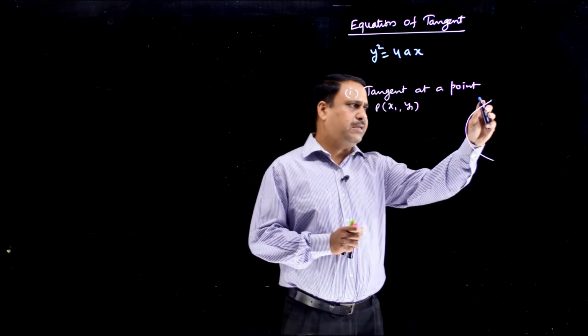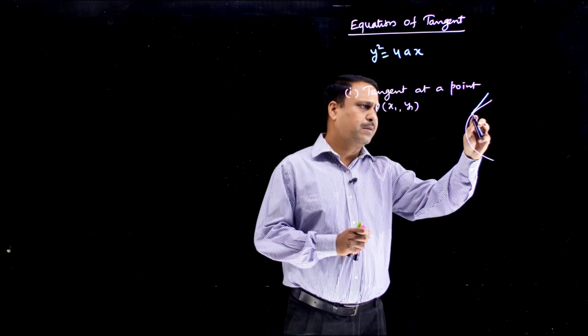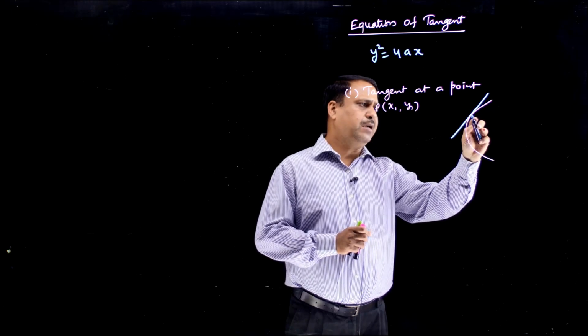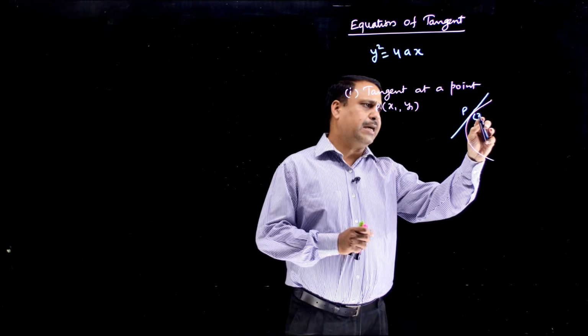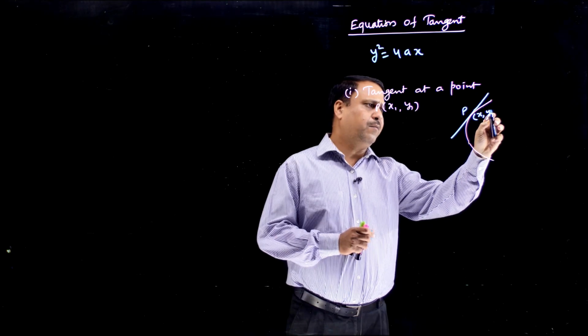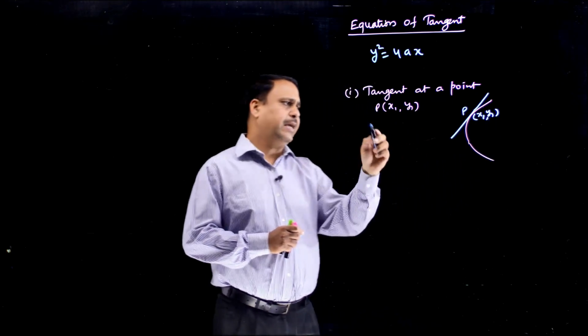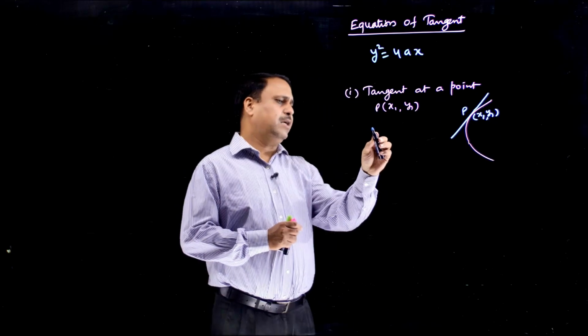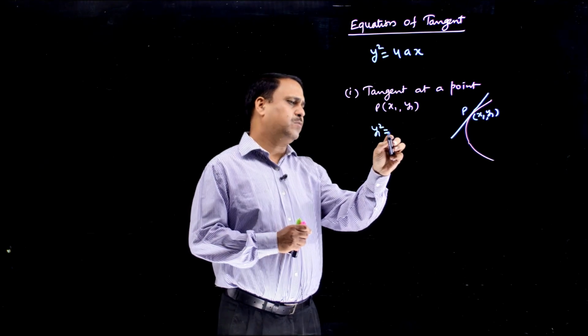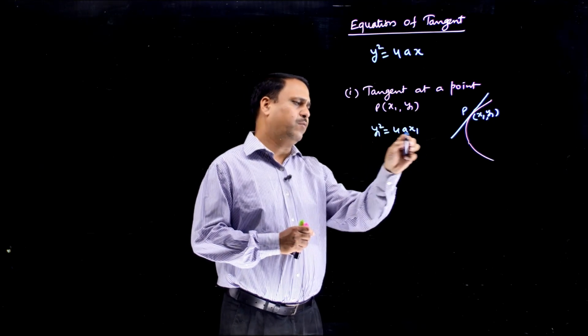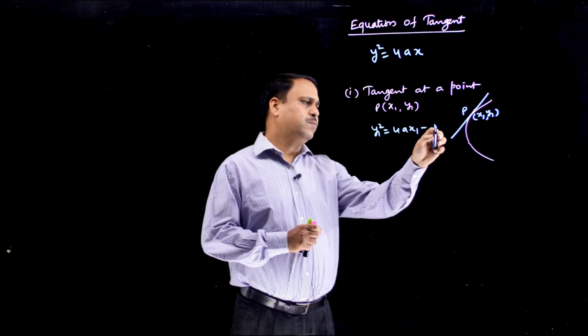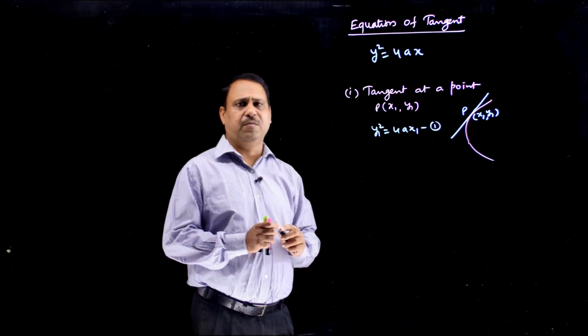So the equation of tangent at this point P, whose coordinates are x1, y1. That means this point must satisfy the equation of the curve. So y1 square must be equal to 4a x1, because this point must satisfy the equation of the curve.